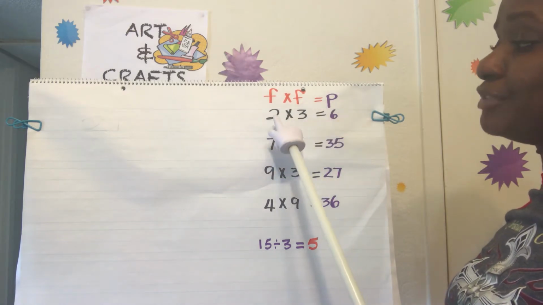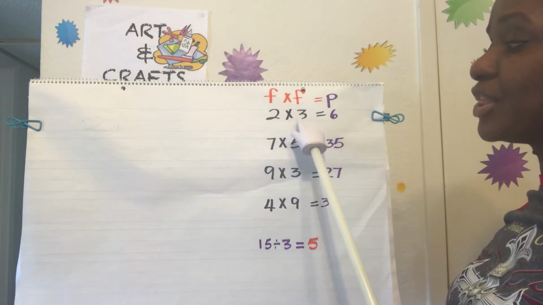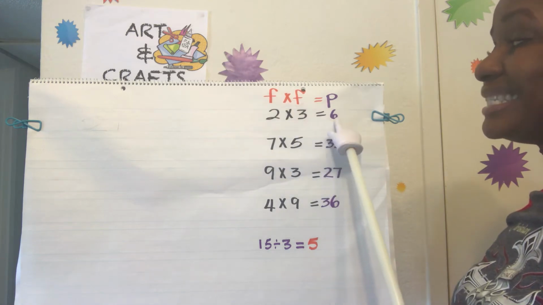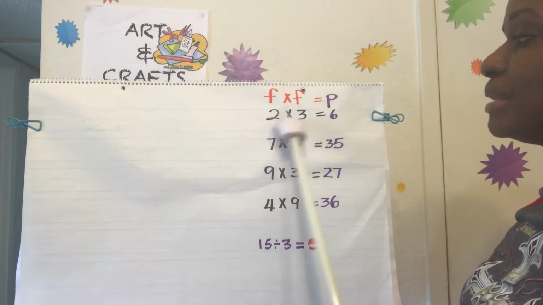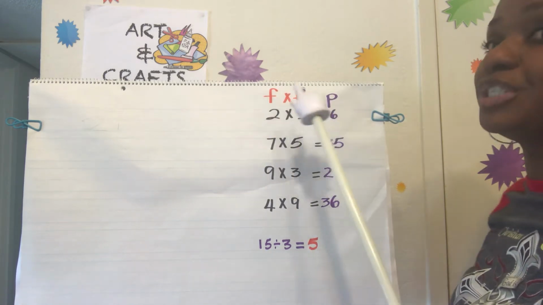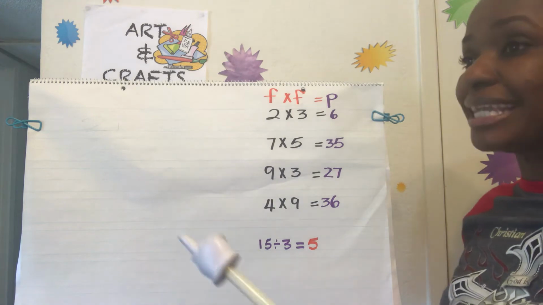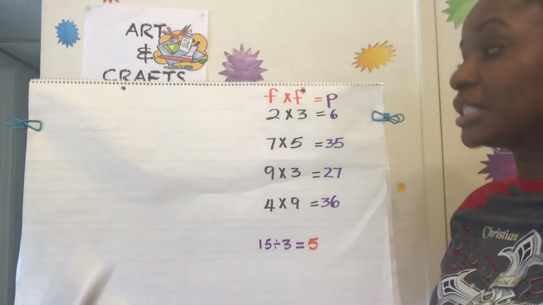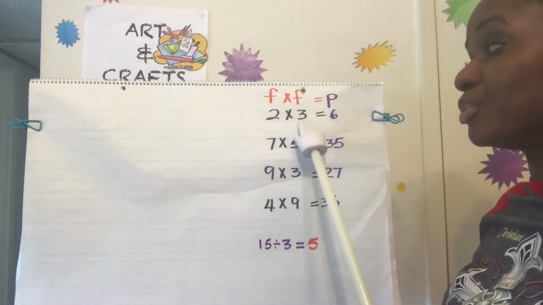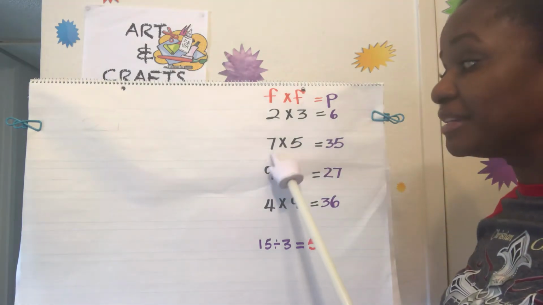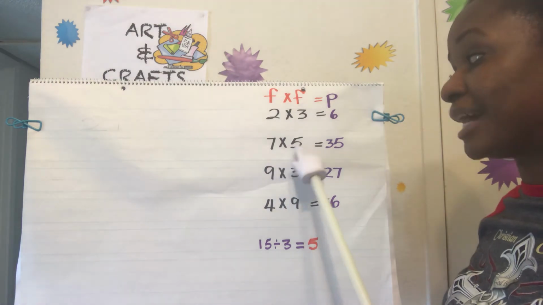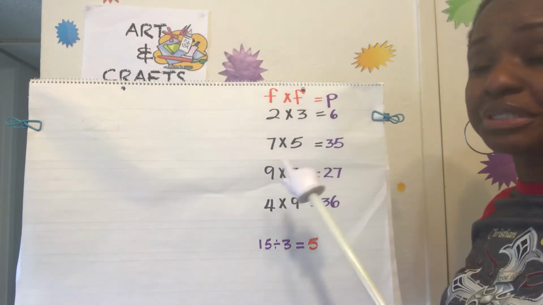So we have 2 multiplied by 3 is going to be equal to 6. So these two numbers, when you multiply them, equal 6, which is the product. It's like you're making something and that's the end result. When you multiply 2 by 3, you're going to get 6. When you multiply 7 by 5, you're going to get a product of 35.